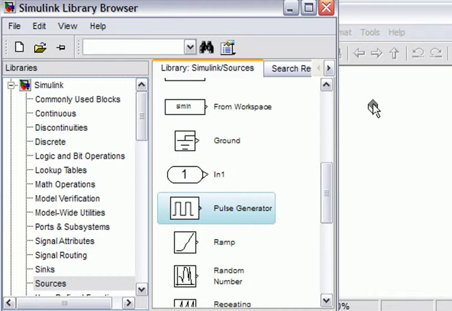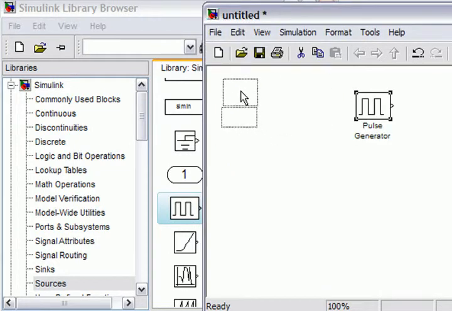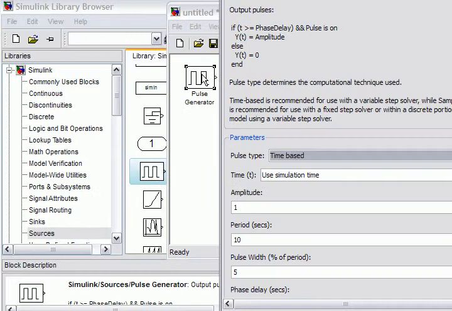We will take the pulse generator block and set the following parameters. Amplitude 1, period 5 seconds, pulse width 20%.